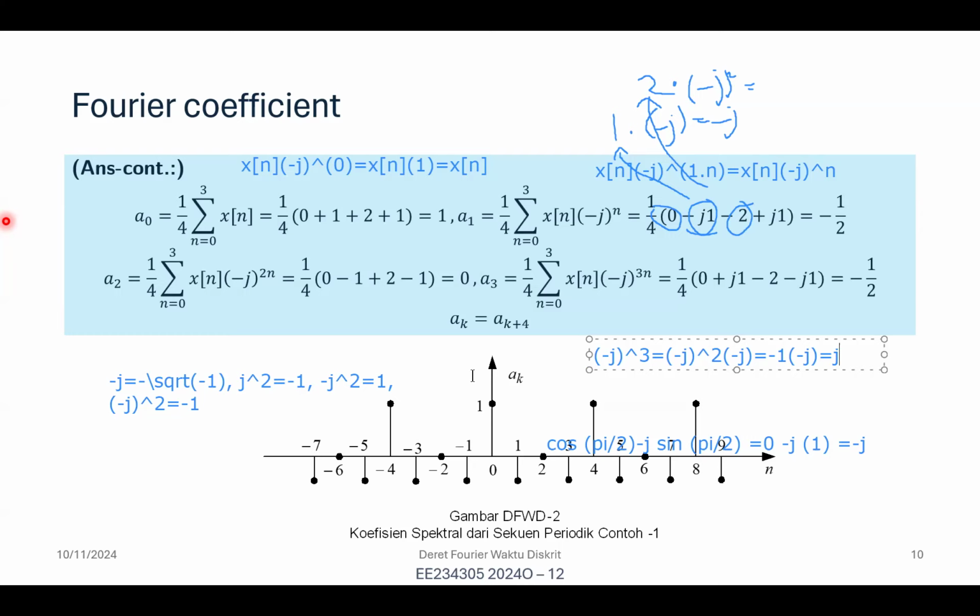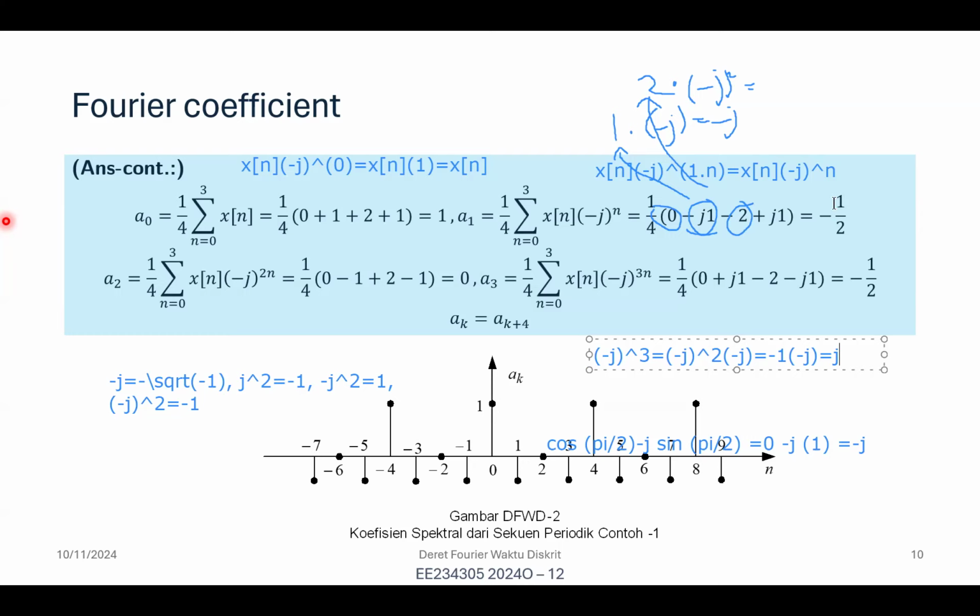Now, if we want to draw the plot of the spectrum of the frequency-based signal, we can have A0 here, which is 1 for frequency 0, and A1 here is minus half for frequency 1.